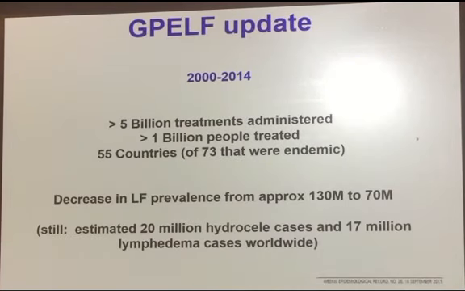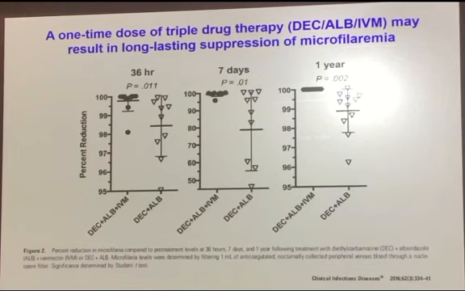Up until 2014, there have been over 5 billion treatments administered, over 1 billion people treated, and 55 countries of 73 that were endemic were involved. So it's a pretty impressive strategy, and a lot of effort is being put into it.